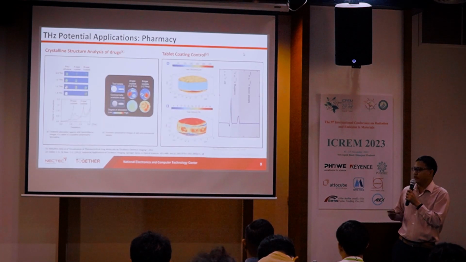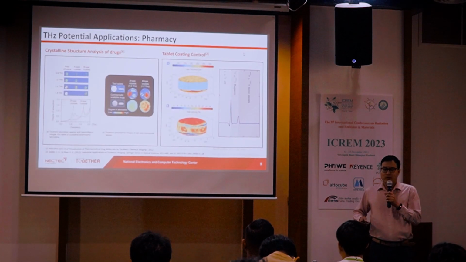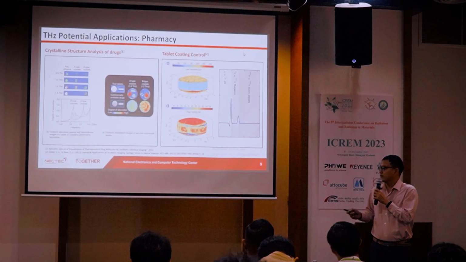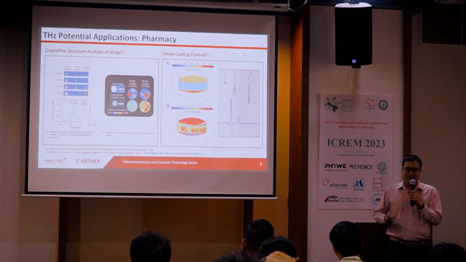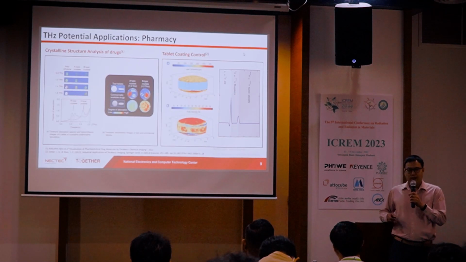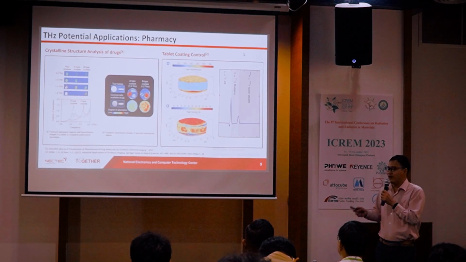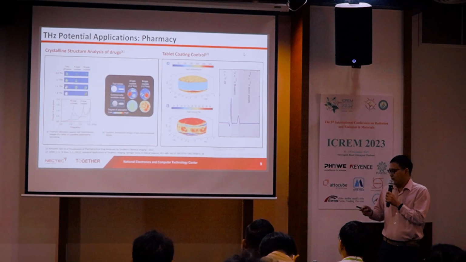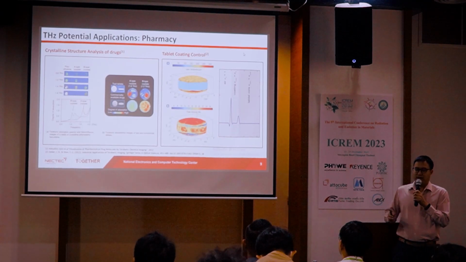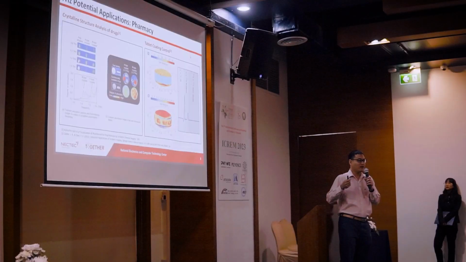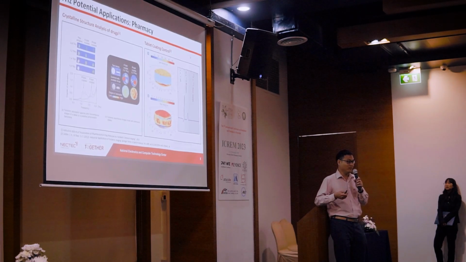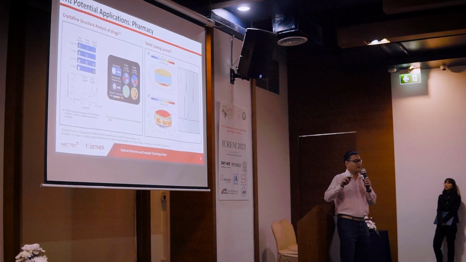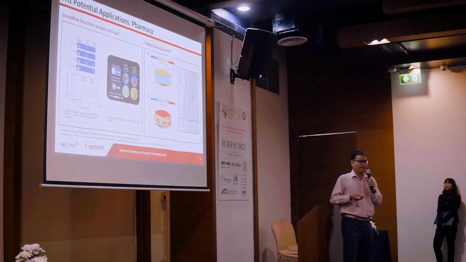For pharmaceutical applications, you can use it to figure out which drug is the authentic one and which drug is the fake one. The reason that I'm calling them authentic and fake is because both types of drugs are made from molecules that have the same molecular formula. I think they call it isomerism.